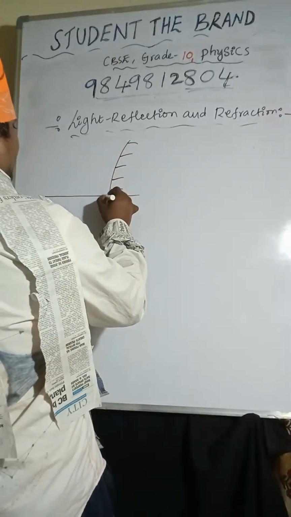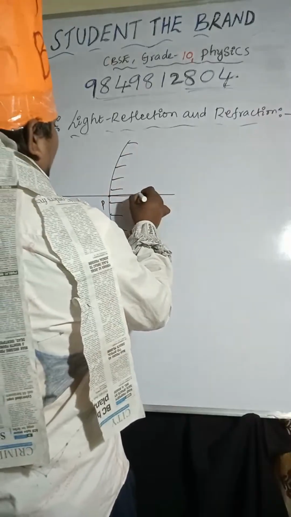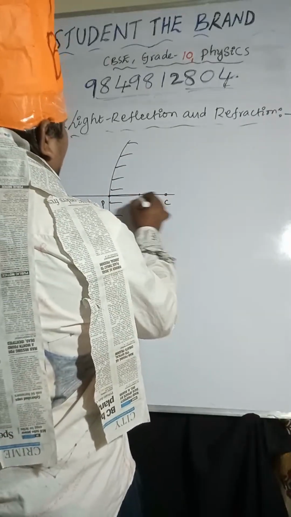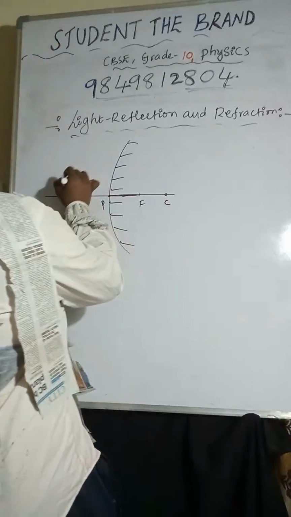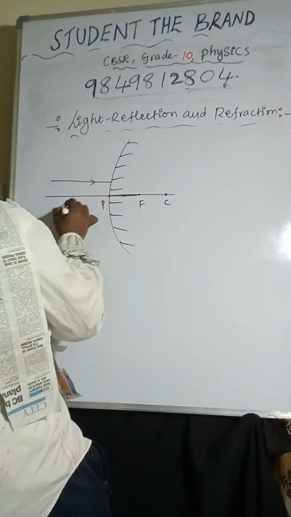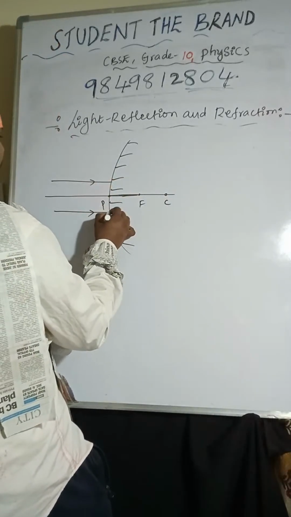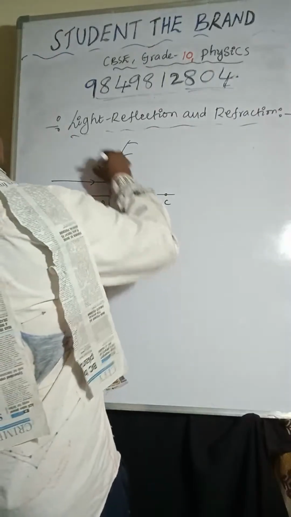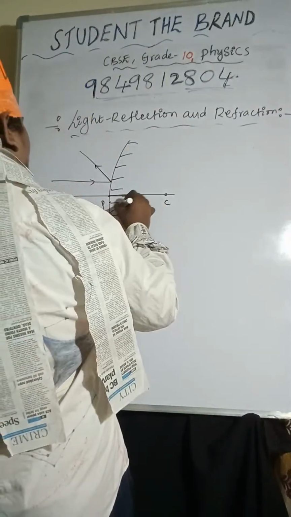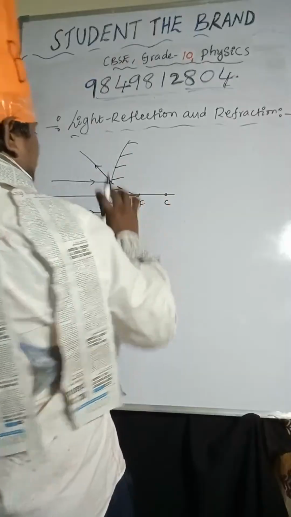So pole, focus, center of curvature. Object is at infinity, image is forming at focus. So image will form at focus.